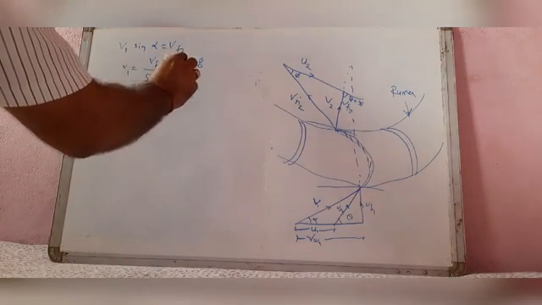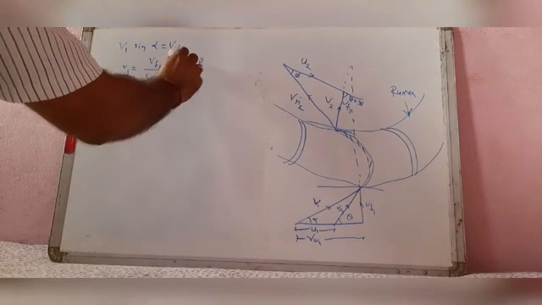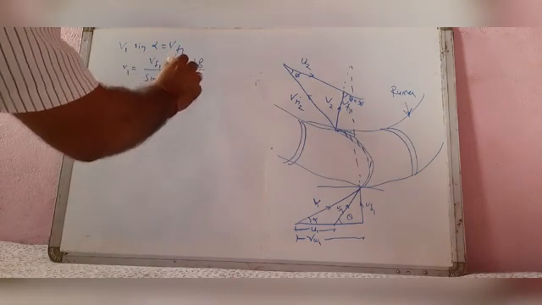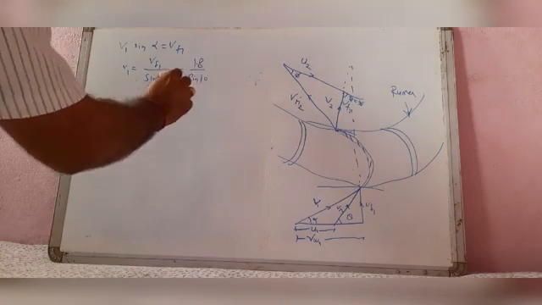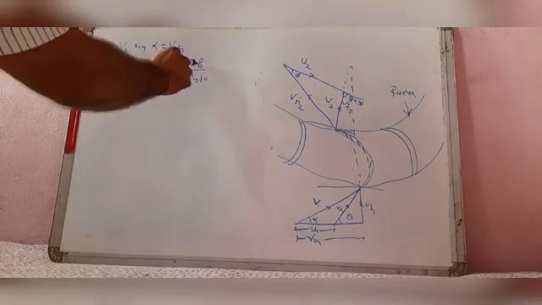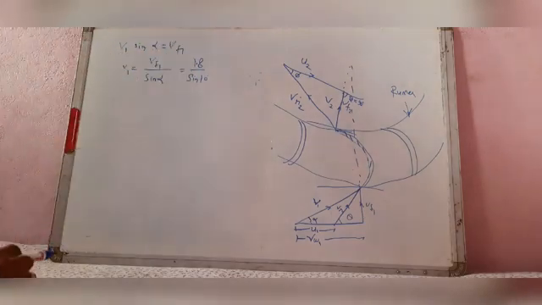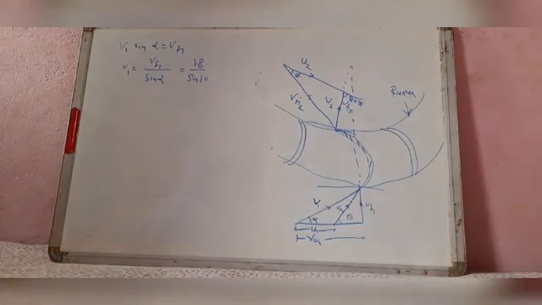Putting the values, 1.8 by sin 10. You have to check whether this is 1.8 or 18, because in some books it has been given as 18, and in a different book it has been given as 1.8 meter per second.